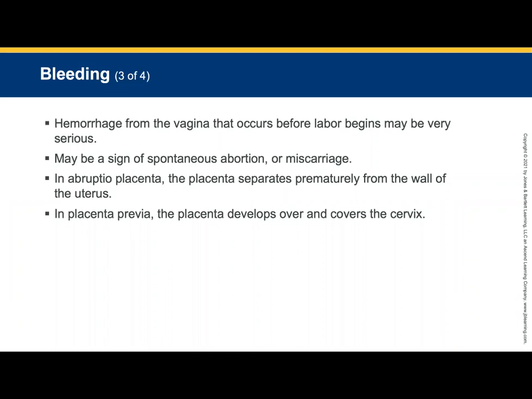The placenta separates prematurely from the wall of the uterus, and it's most uncommon, caused by hypertension or trauma. Placenta previa is a placenta that develops over and covers the cervix. Any bleeding from the vagina in a pregnant woman is a serious sign and should be treated promptly in the hospital.